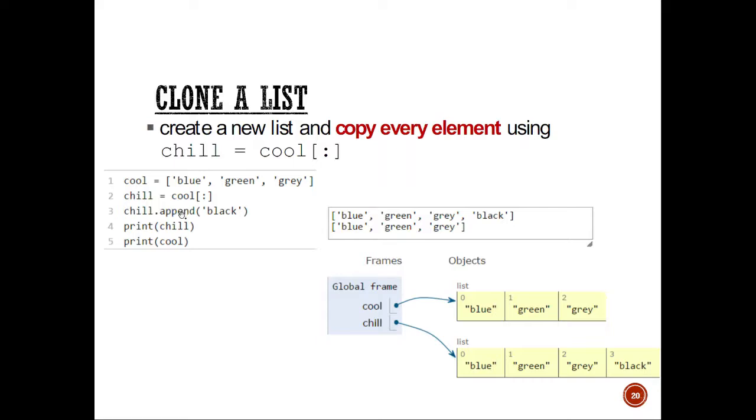Now when we append the word black to this new list, and if we print the two lists chill and cool, we notice that one of them has the term black, which was appended, and the other one does not. This is because using this operator, we actually made a clone or another copy and saved that to the memory location with the pointer chill.